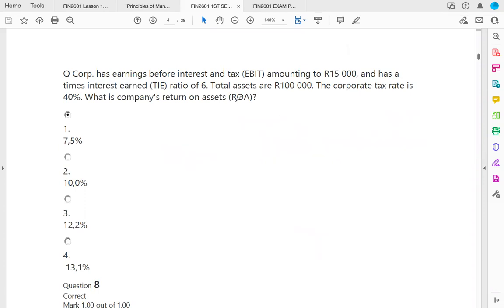Again, we can calculate the net profit using our EBIT. Sorry, our net profit is actually EBIT minus interest minus tax, okay? We've been given the tax rate.